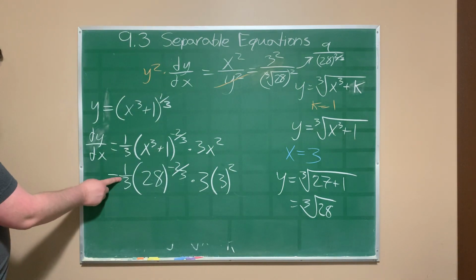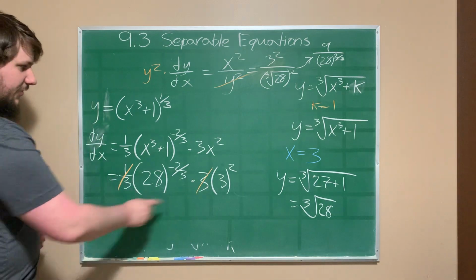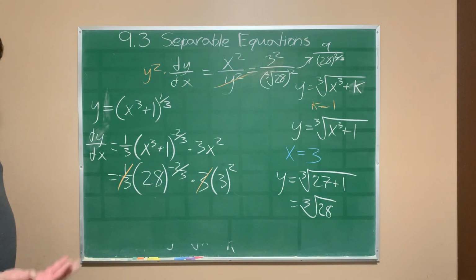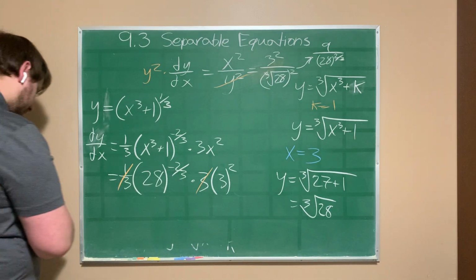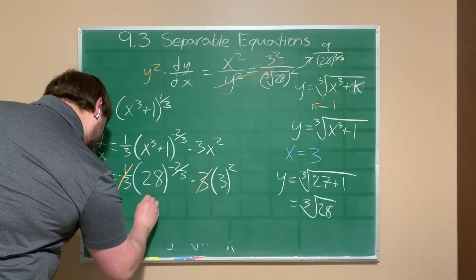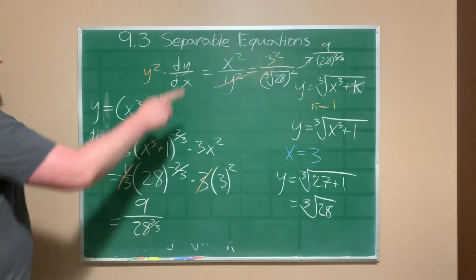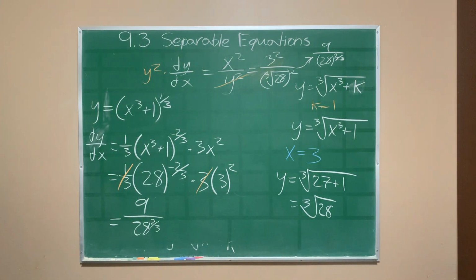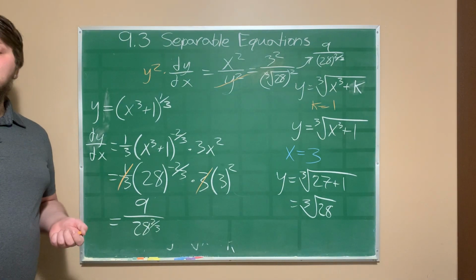So now I have a 1/3 times a 3. These guys can go away. 3 squared will go in the numerator of a fraction. 28 to the positive 2/3 can go in the denominator of a fraction. And we're going to get 9 over 28 to the power of 2/3. Hey, it's exactly the same thing as we got up there. So we just solved a differential equation.